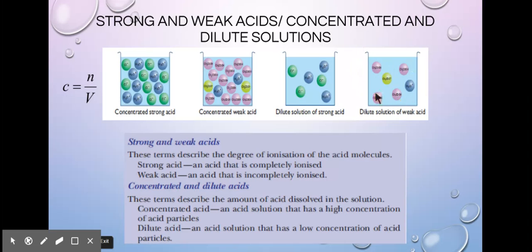And this is a dilute representation of a weak acid. Again, most of it is in the molecular form, not much of it has broken apart. So be careful of these words. Strong and weak is to do with whether it is sulfuric acid or carbonic acid, and concentrated and dilute are moles per litre.